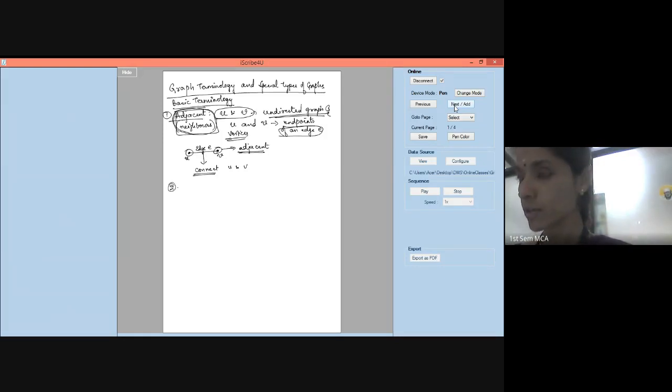The next one we are learning is the neighborhood of V. Neighborhood of V means the set of all neighbors.